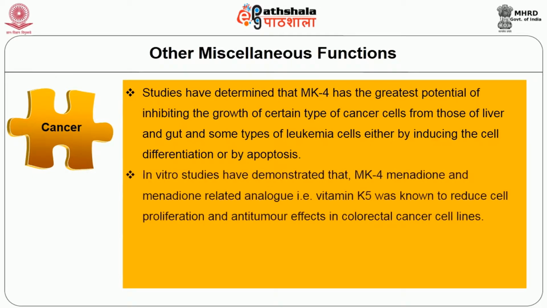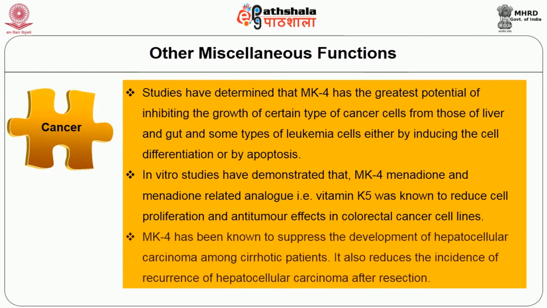In vitro studies have demonstrated that MK4, menadione and a menadione-related analog, that is vitamin K5, reduce cell proliferation and have anti-tumor effects in colorectal cancer cell lines. MK4 has been known to suppress the development of hepatocellular carcinoma among cirrhotic patients. It also reduces the incidence of recurrence of hepatocellular carcinoma after resection.